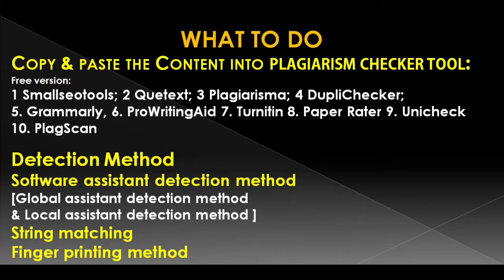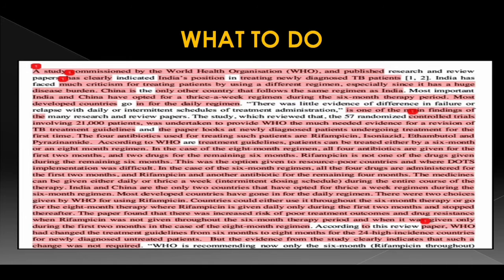Okay, now the point is, whatever content I had shown you, I copied and pasted into the plagiarism checker. After pasting that into the tool, the report comes like this.